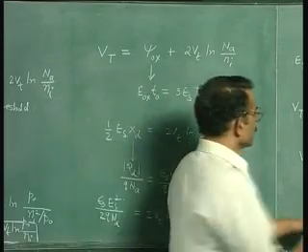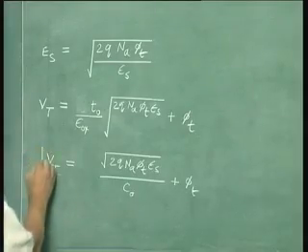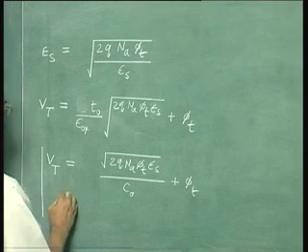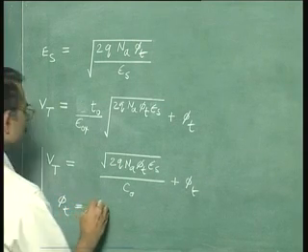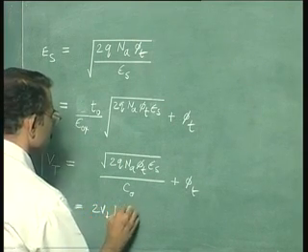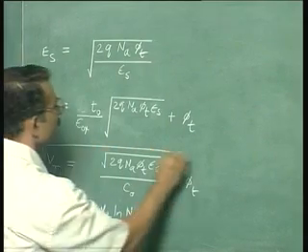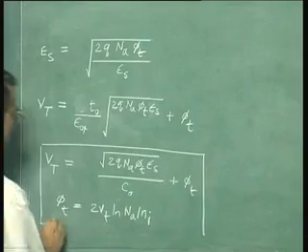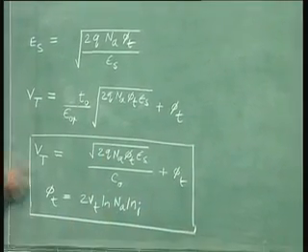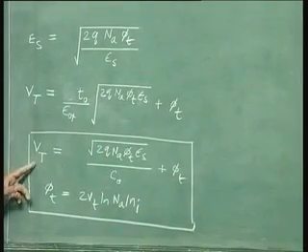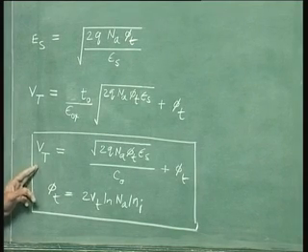So now this is the equation. Let us write it completely. So this is the equation for threshold voltage of an ideal MOS capacitor.